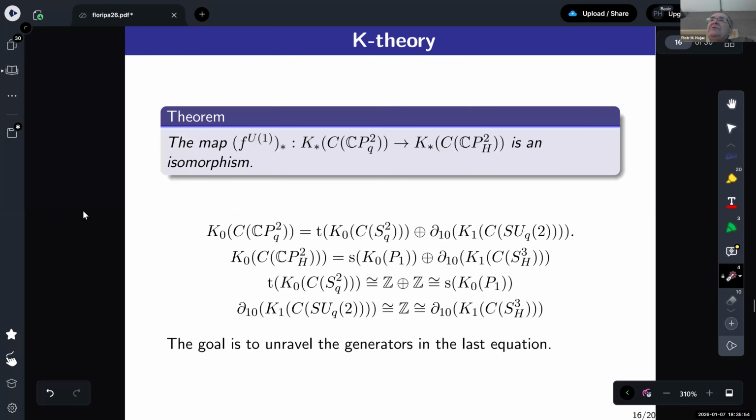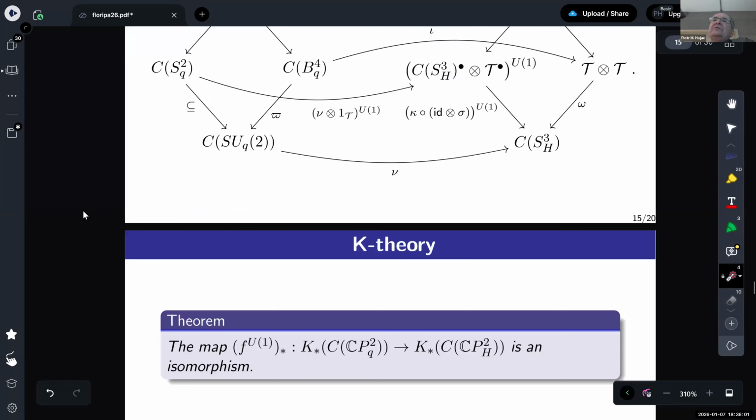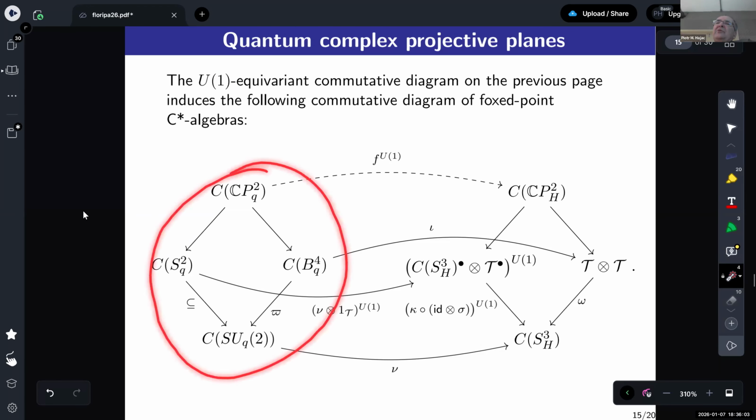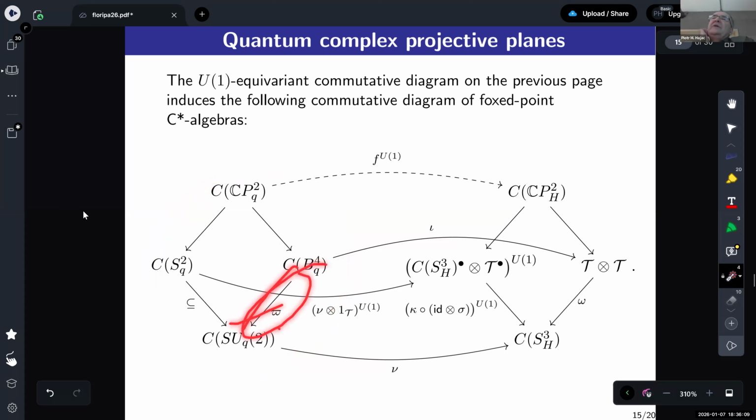Okay. But now what do we know about K theory? So basically, if you look into, say, this diagram, this is a pullback diagram, which is one surjective. Only this one surjective, that's an inclusion, it's not surjective. But it's a one surjective pullback diagram of C*-algebras, so you can apply the Mayer-Vietoris six-term exact sequence. Okay?